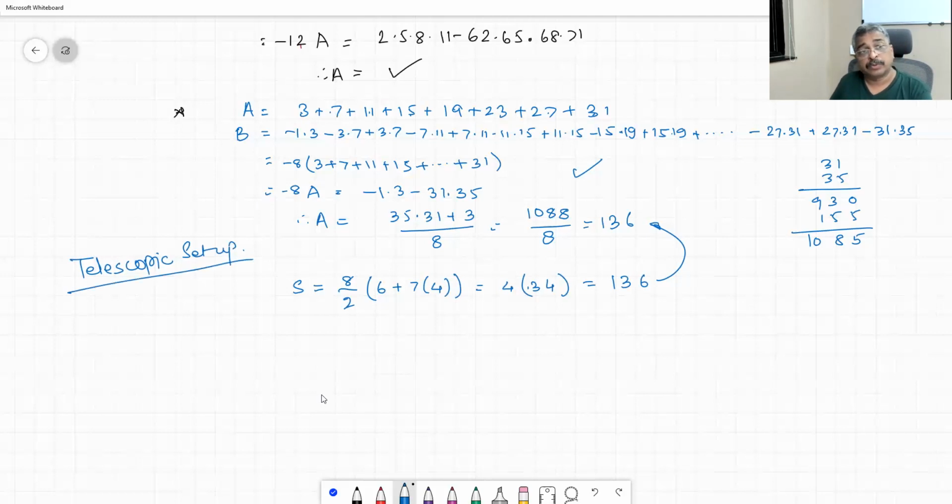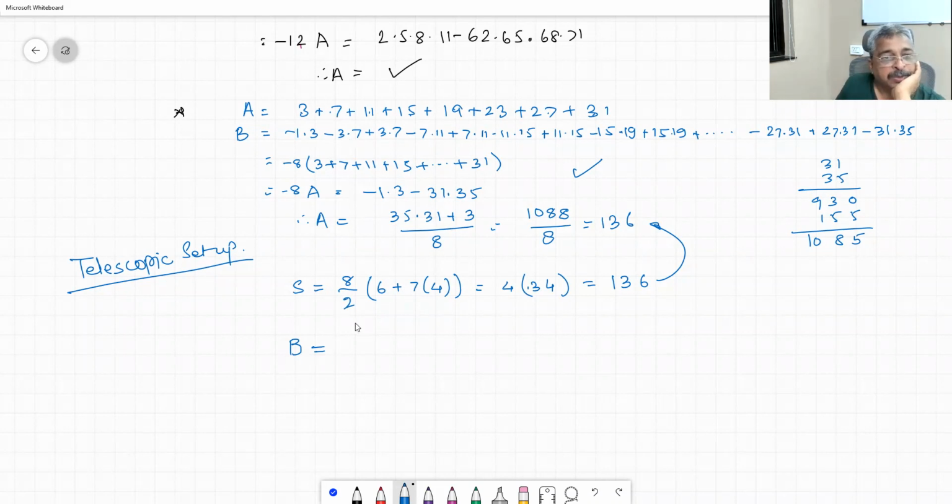Now the most important thing, now let me show you why it is working. B is equal to... can you tell me what is the first term?